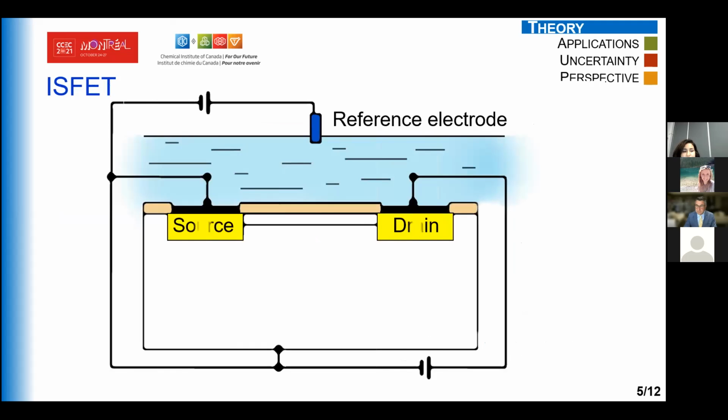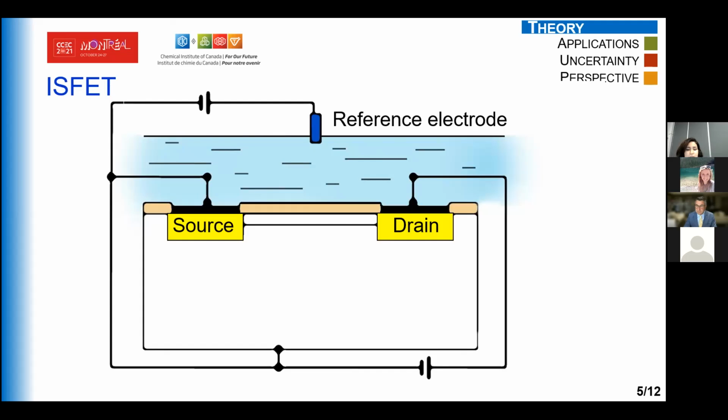For applications where very small samples are required and where we need a fast response of the pH sensor, we use ISFETs, which are an alternative to glass electrodes. These ion-sensitive field effect transistors are also potentiometric techniques, and they use the same technology as in your laptops and smartphones.